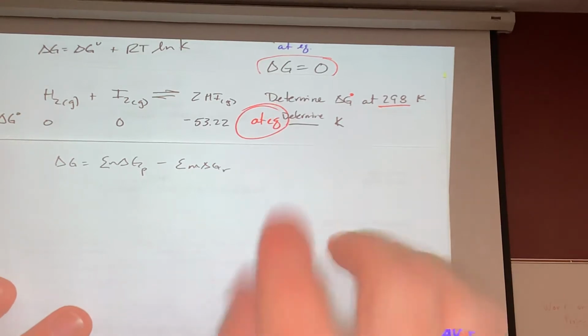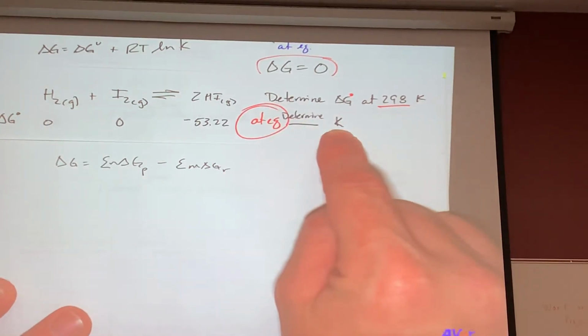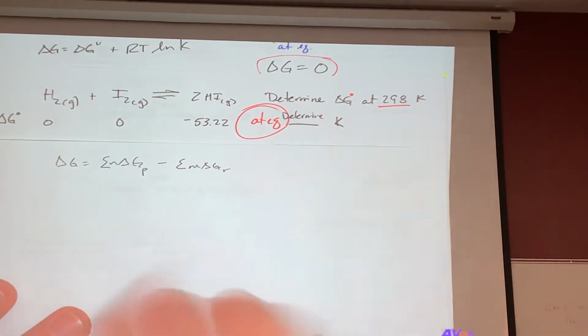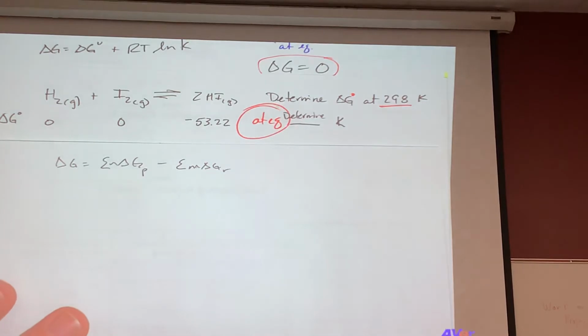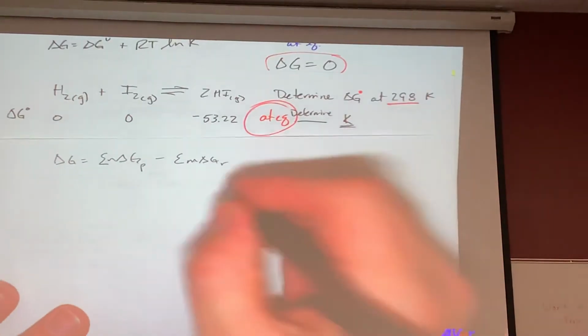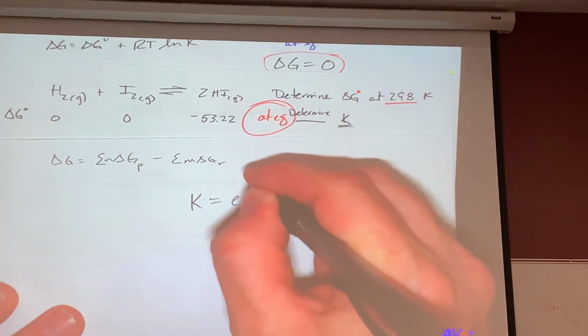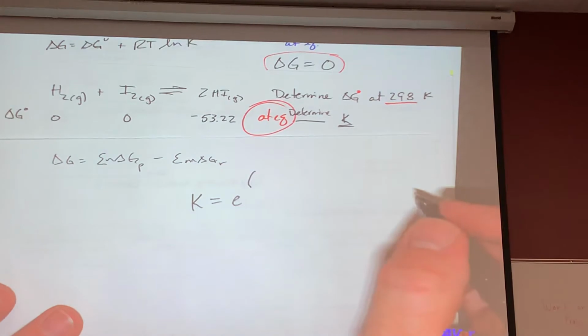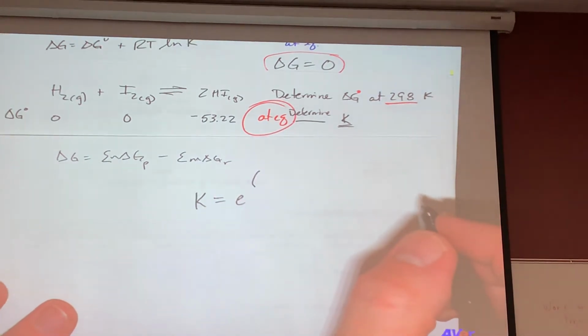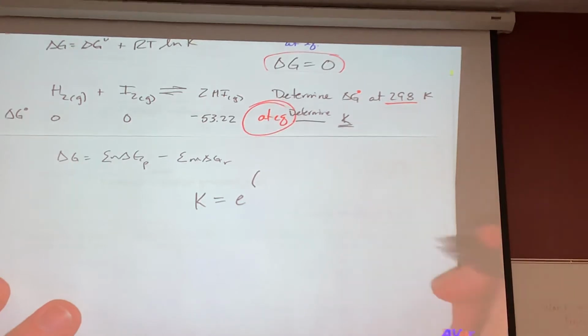All right, so is this a little more clear then? Determine G and then determine K? Yes. But I thought the point of determining K was that we find G anyway. We find delta G naught to find K anyway, so you don't have to tell us to do it, right?